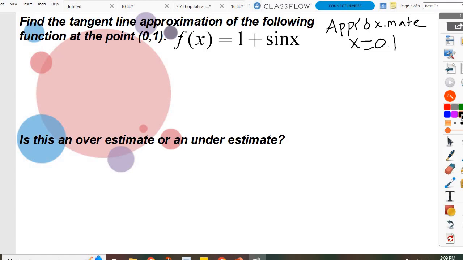So again, what are the two things that we need in order to write the equation of a line? Point and slope. Do we have a point? Yes. So I have y minus 1, my point, equals slope times x minus 0 in this case. How do we find our slope? What is the derivative of that?